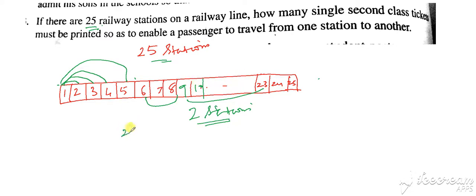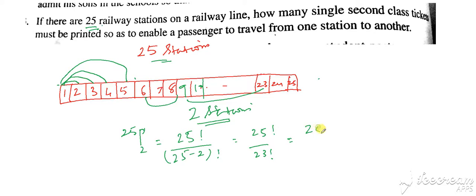This can be done in very simple 25P2 ways. That means it is 25 factorial by (25 minus 2) factorial. That means it is 25 factorial by 23 factorial. It means 25 into 24.